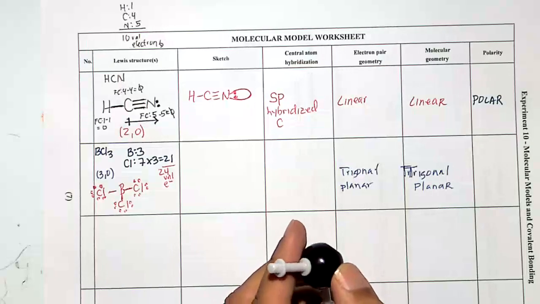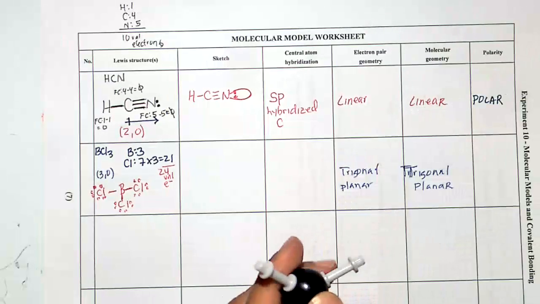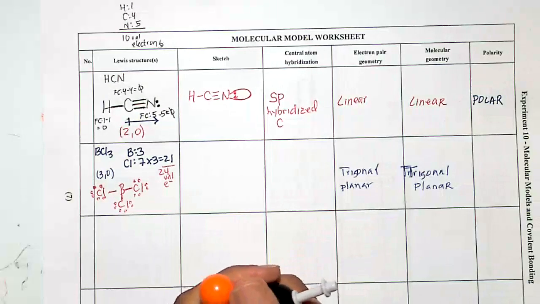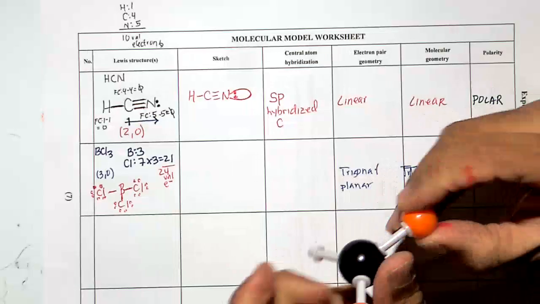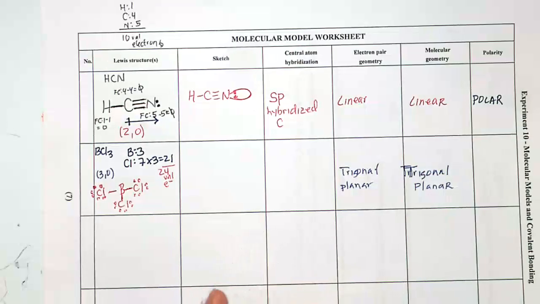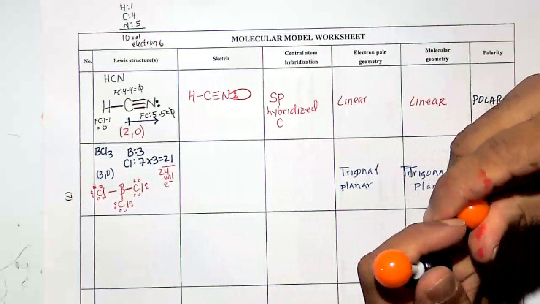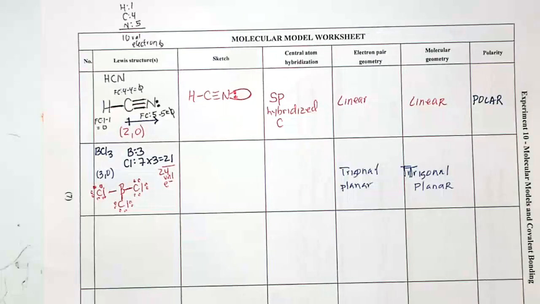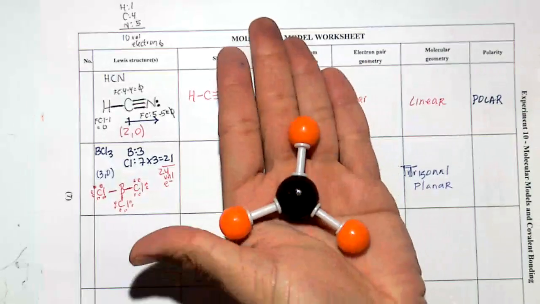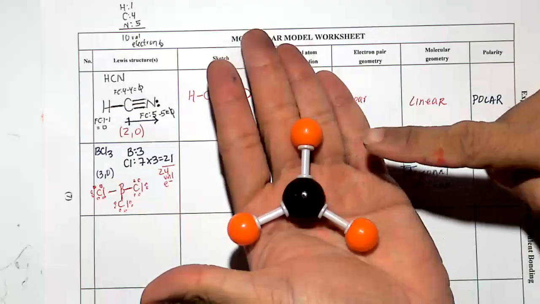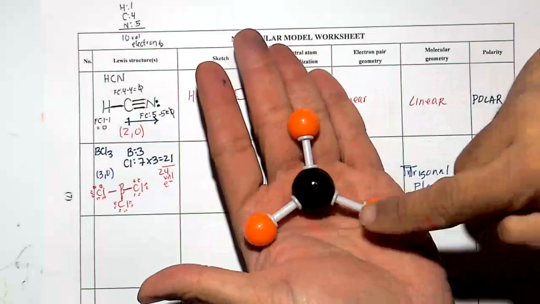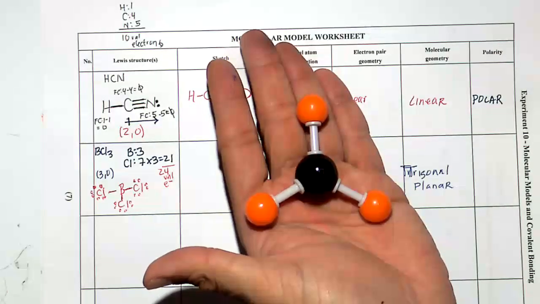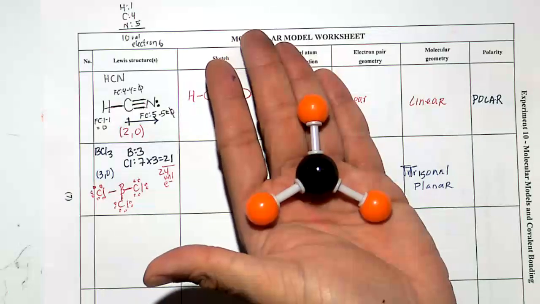You may not have one that has 3 holes in it, so single bond here. And chlorine is this here. Okay, this is boron, which has 3 holes, and this is the chlorine. Okay, trigonal planar.